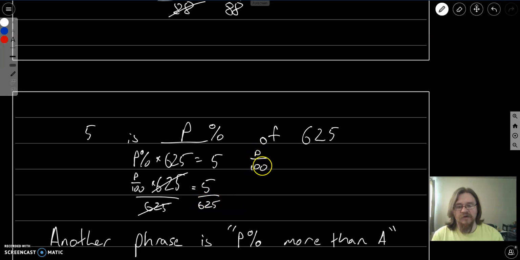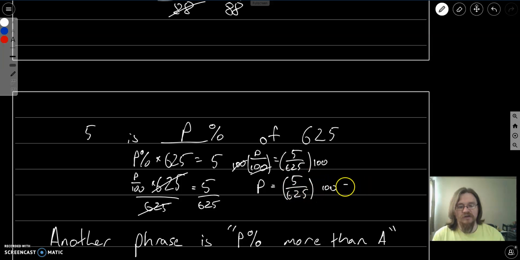So I have p divided by 100 equals 5 divided by 625. And then, again, I'm dividing by 100. The opposite of division is multiplication. I have to multiply by 100 to cancel out the dividing by 100. Whatever I do to one side, I have to do to the other. So p is going to be 5 divided by 625 times 100.